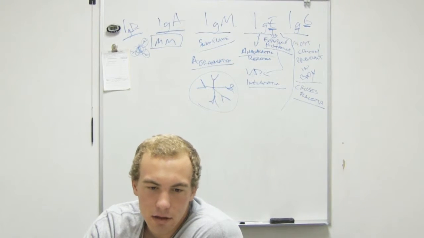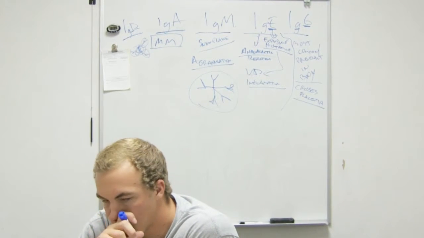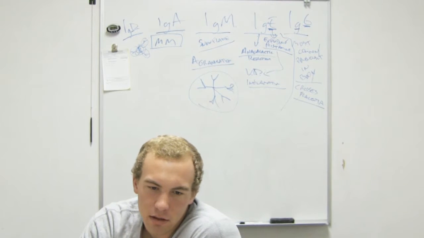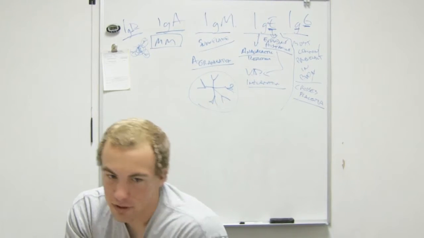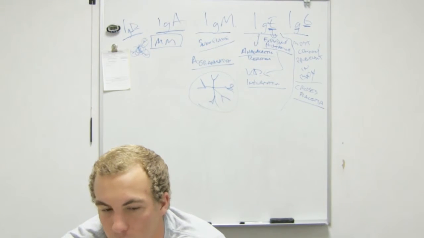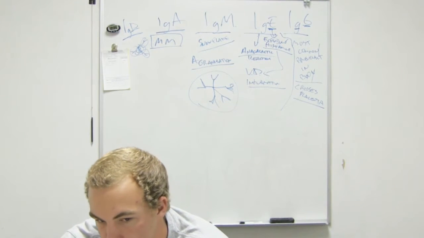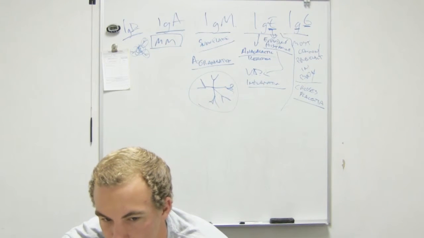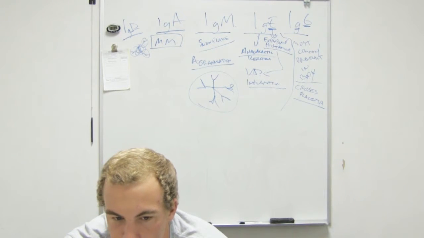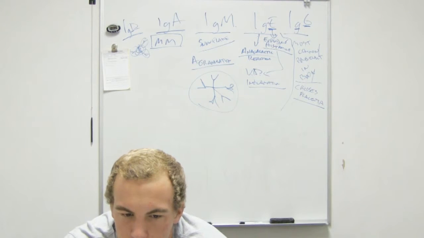AG stands for antigen, okay? So that's just an antigen. And that big purple one in the middle, the APC, is your antigen presenting cell. It's kind of like a dendritic cell or something like that. It has those long skinny arms, I think is what I'm trying to draw.